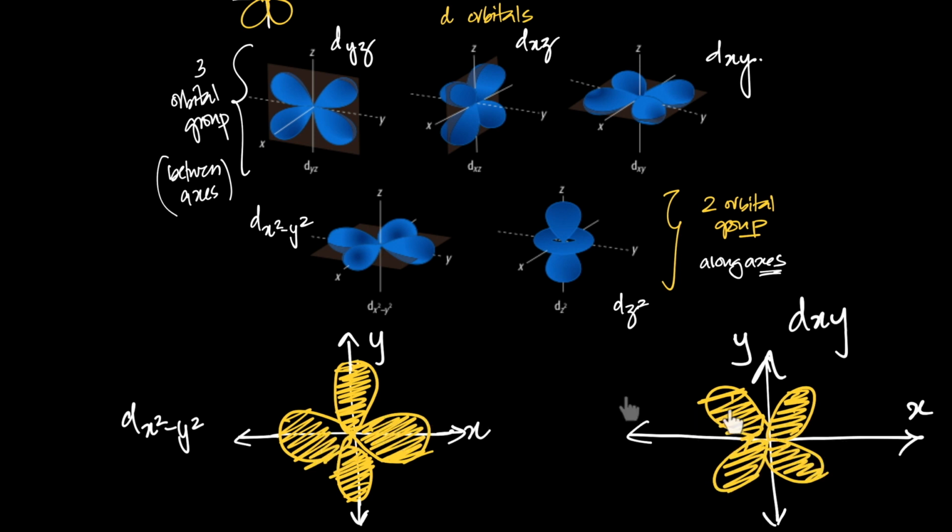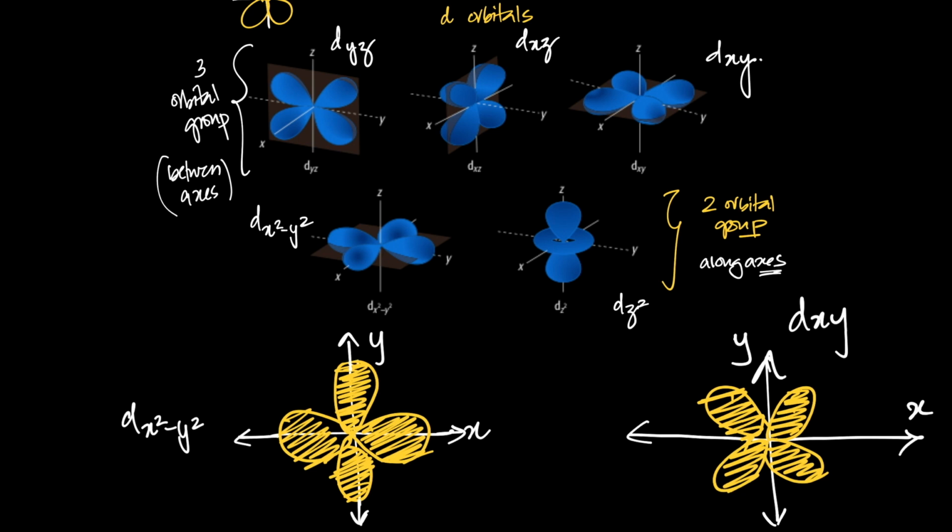And this sets them apart, because we need to divide them into two groups, because eventually when we do complex science and when we do colors, the differences will come because of these two types of orbitals: which ones are on the axis and which ones are between the axis. So, but before we do that, this is what you need to know first, to be able to draw the 5 d orbitals, to know that there are two types of them.